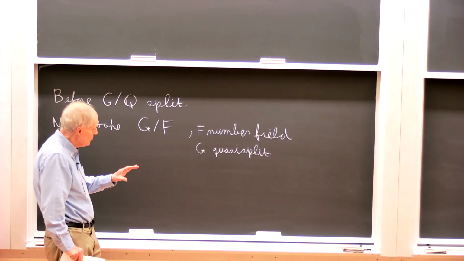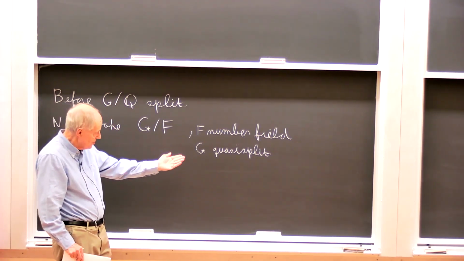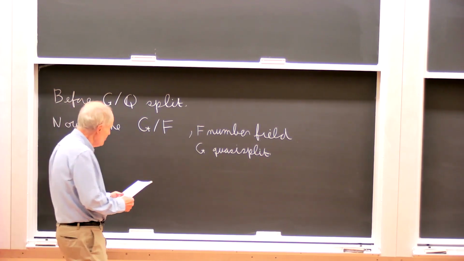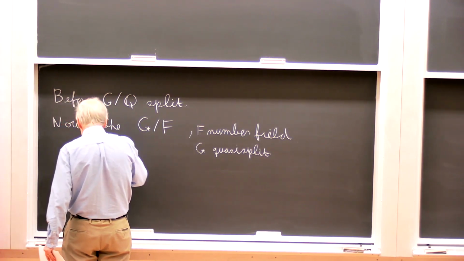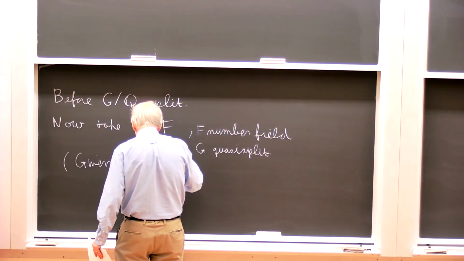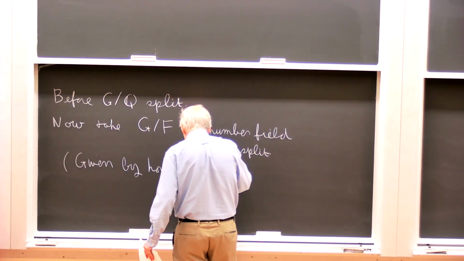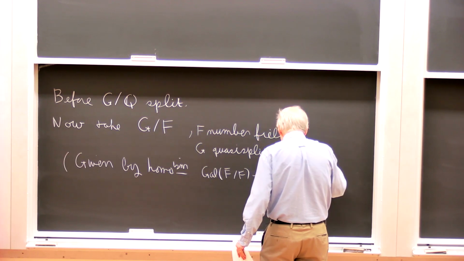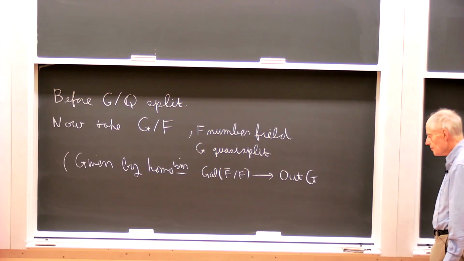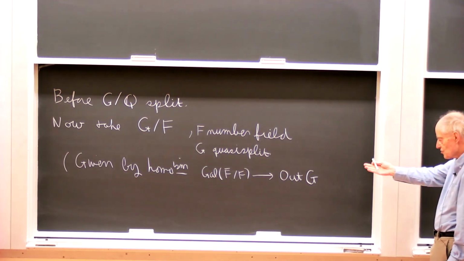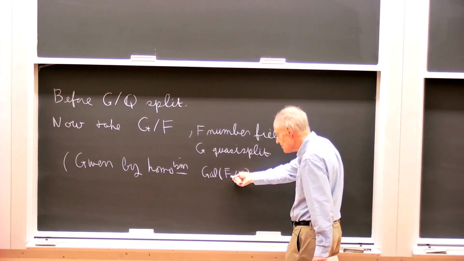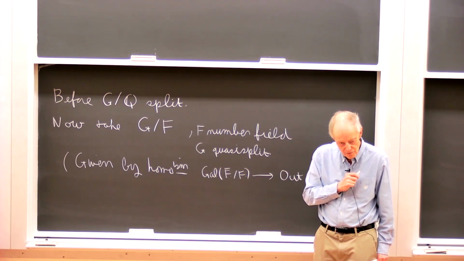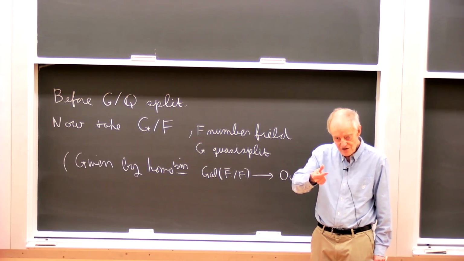To get a general quasi-split group, you start with a split group, those are the things that Chevalley gives you, and then you take a homomorphism from the Galois group of the algebraic closure of F, this sounds worse than it is, into the group of outer automorphisms of G. Now, this always factors through a small Galois extension of F, and the outer automorphisms of G are isomorphic to the automorphisms of the diagram. So there aren't too many of those.